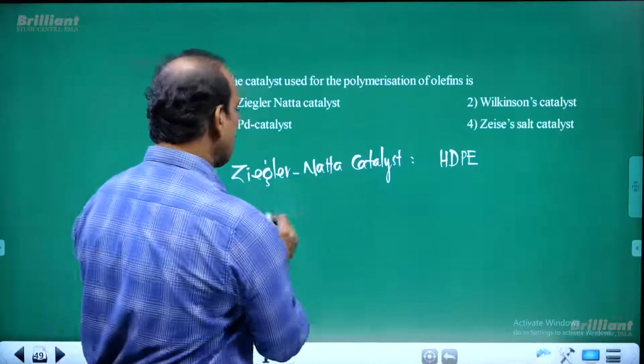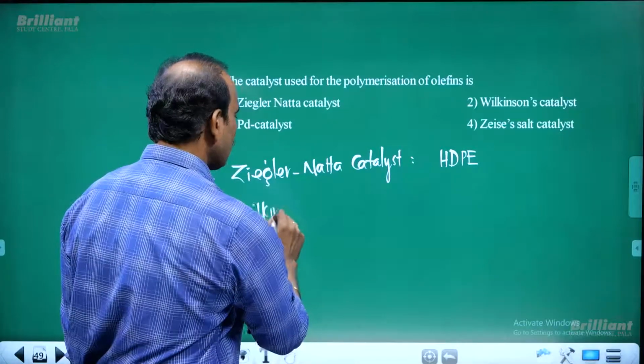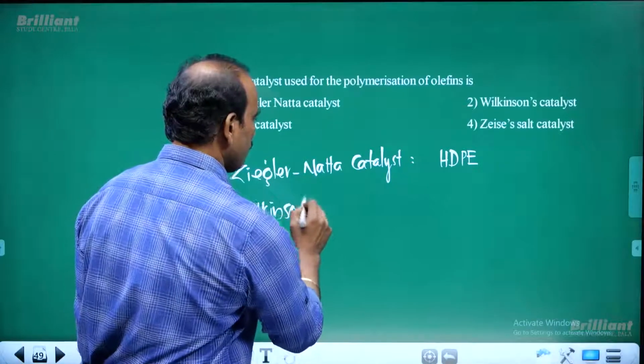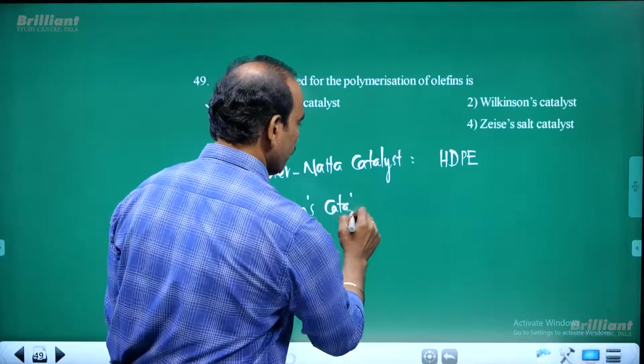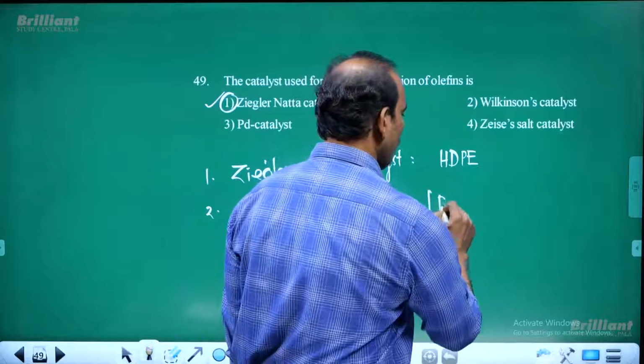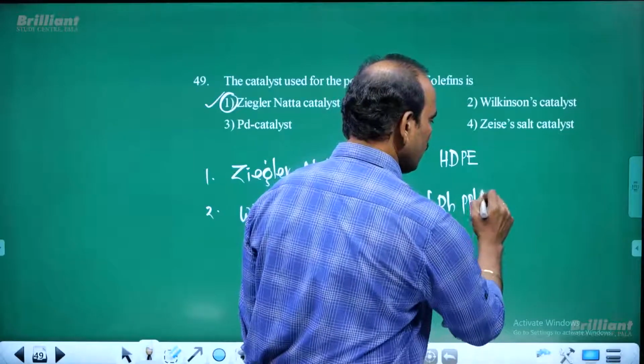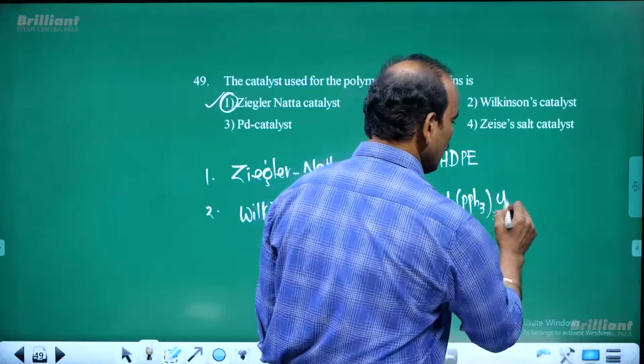Second one is the Wilkinson catalyst. What is the Wilkinson catalyst? Rhodium, PPh3 taken thrice, Cl.